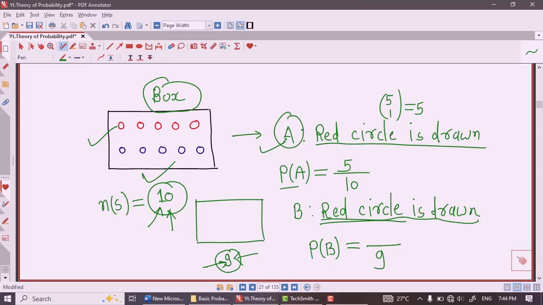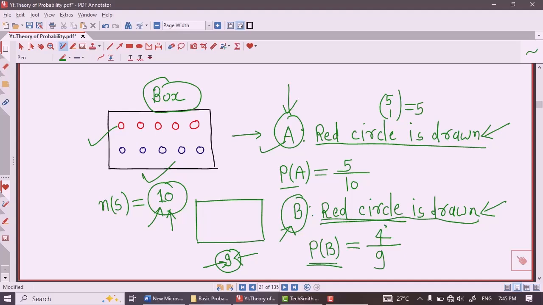Now if a red circle is drawn and not put back into the box, the red circles decrease by 1, and we have 4 choices of red circles for event B. So we can say that event B is affected by the occurrence of event A, because the number of elements for event B is reduced by 1. So we can say that event B depends on event A. In other words, the occurrence of event B is affected by the occurrence of event A.